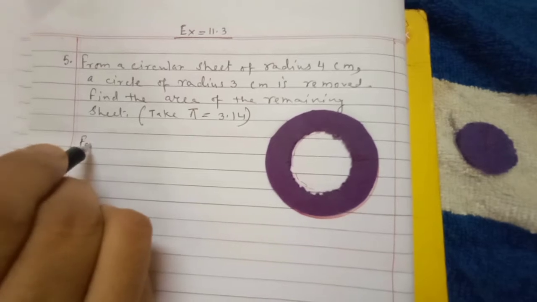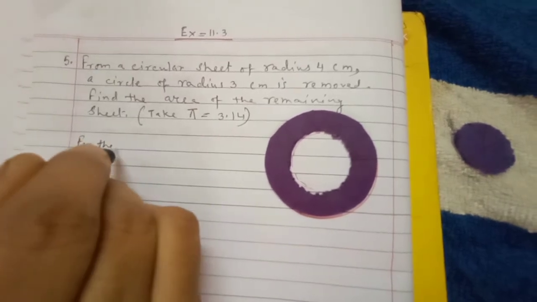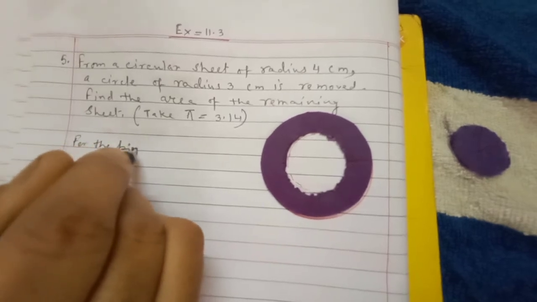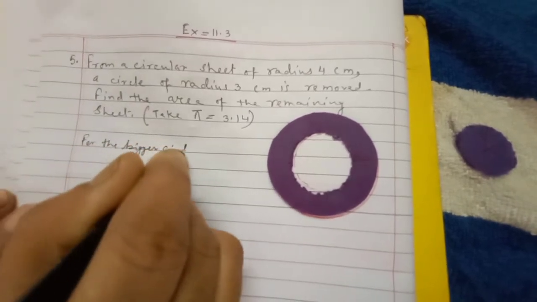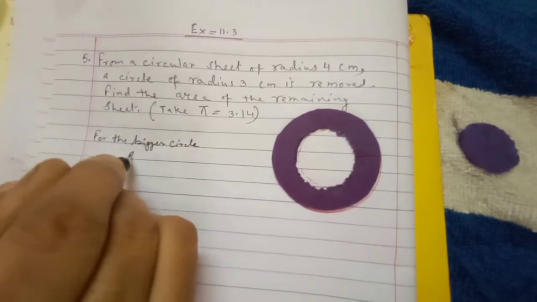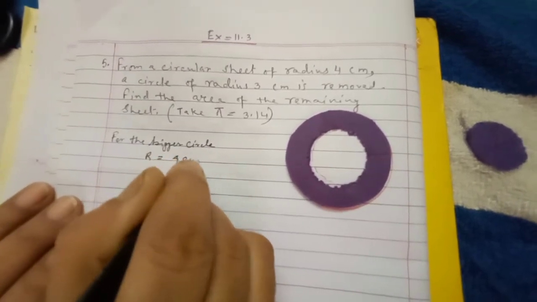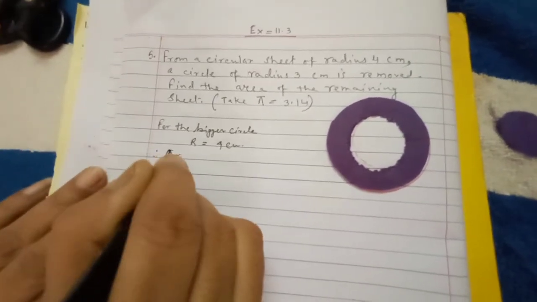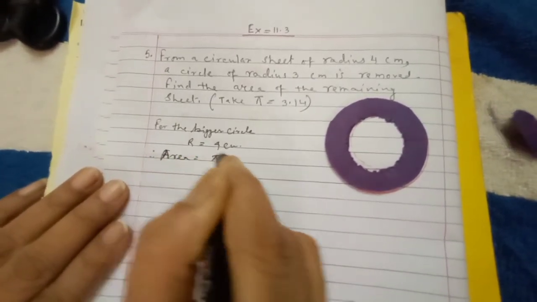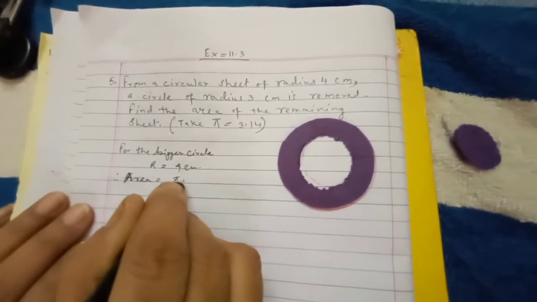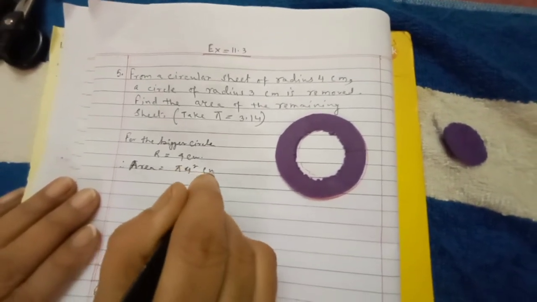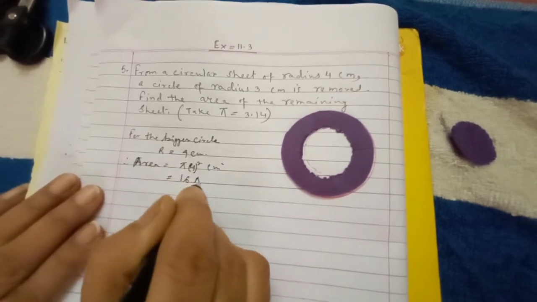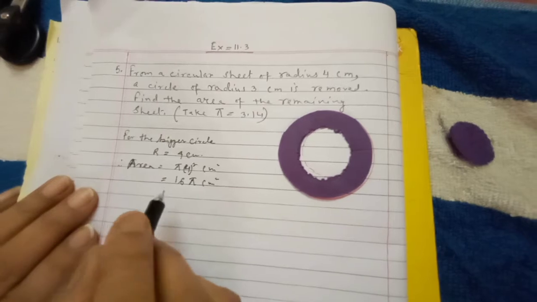Now, for the bigger circle, radius 4 centimeter, therefore area is equal to pi into 4 square centimeter square, that is 4 fours are 16 pi centimeter square.